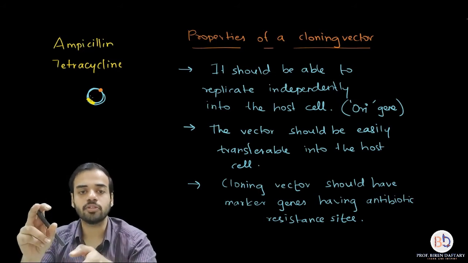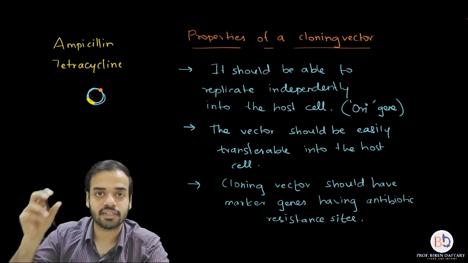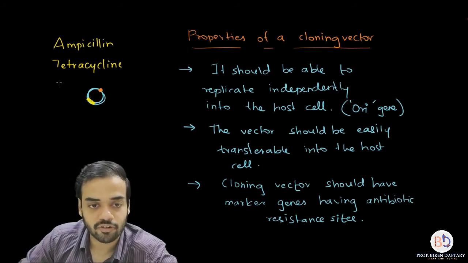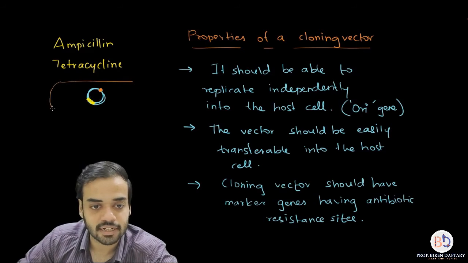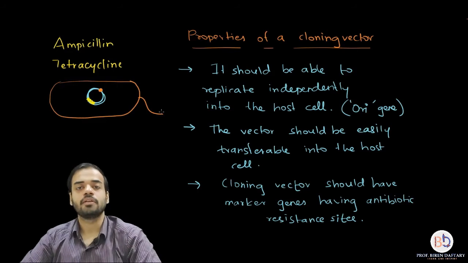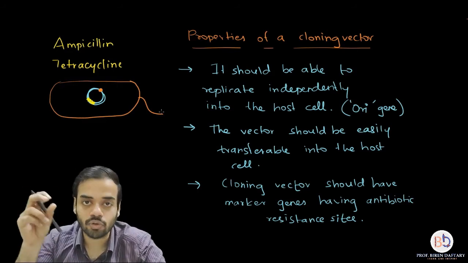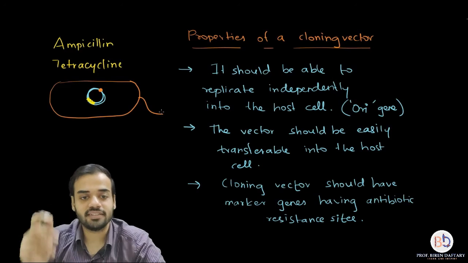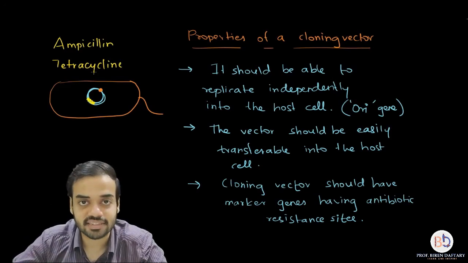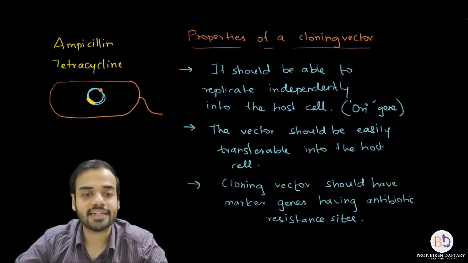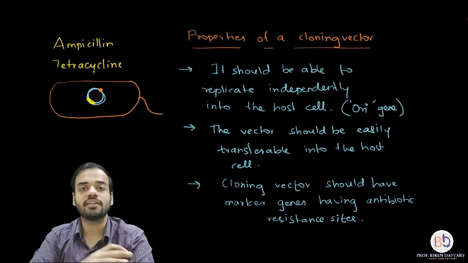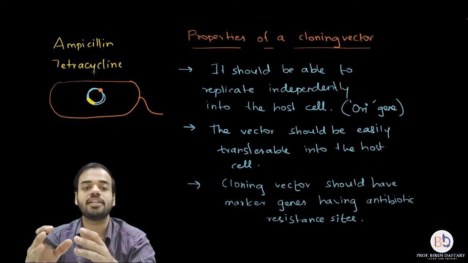And now suppose I put this cloning vector with the desired gene into a host cell. So I am drawing the host cell now. Again I am drawing a bacterial cell. Now this bacterium is having that cloning vector, and suppose this cloning vector is having the resistance gene for ampicillin and tetracycline. So what that means is that this cloning vector cannot be destroyed by ampicillin or tetracycline.